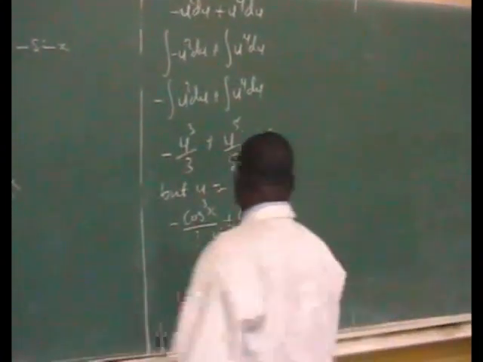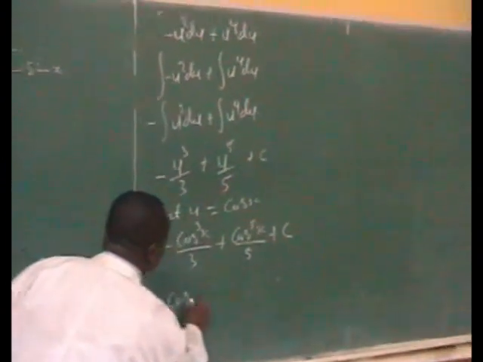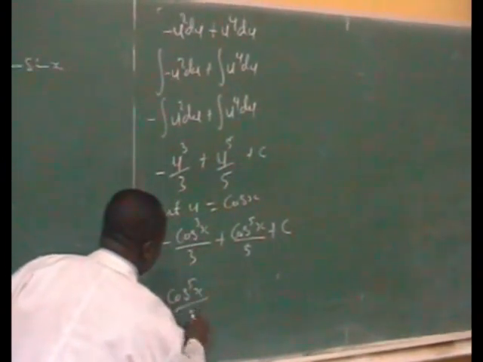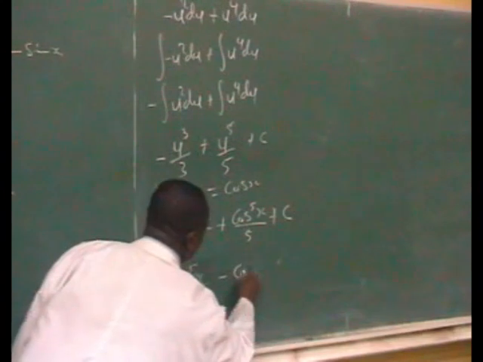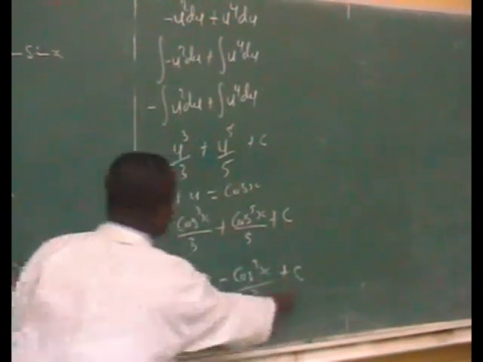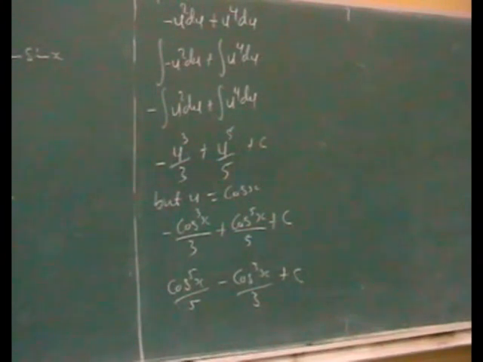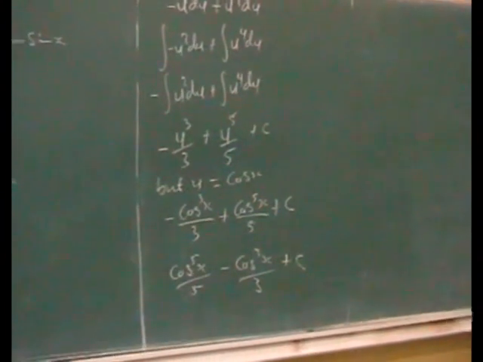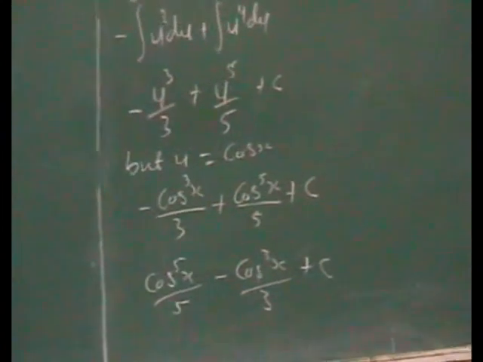Or you can write it this way: cos to the 5 x all over 5 minus cos cubed x all over 3 plus c. So that is how we can evaluate this type of integral.